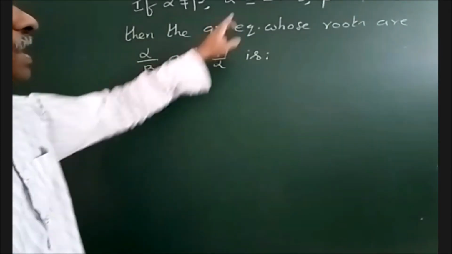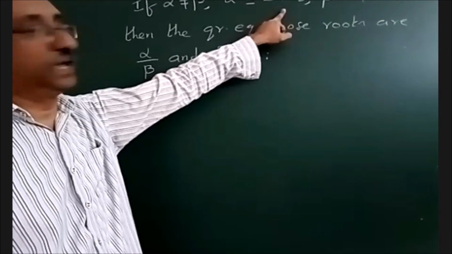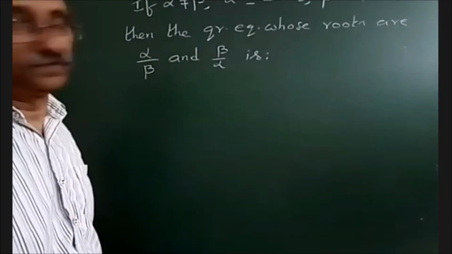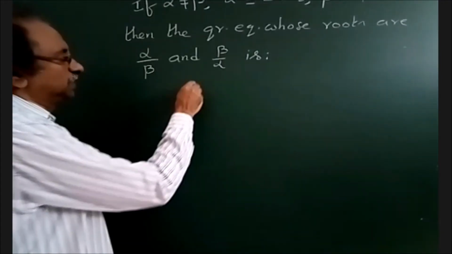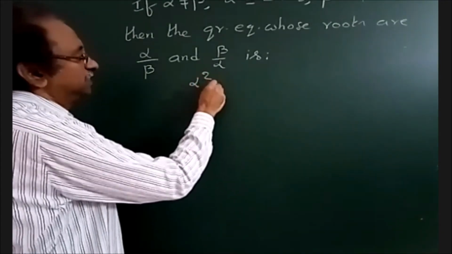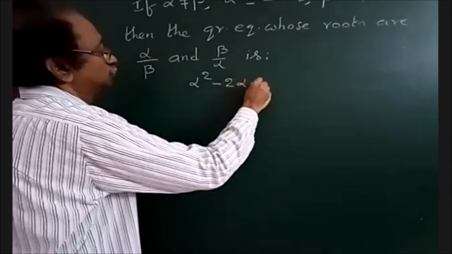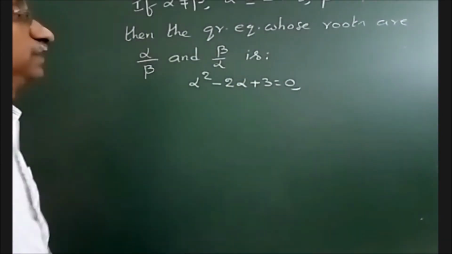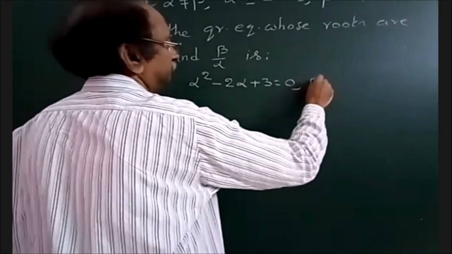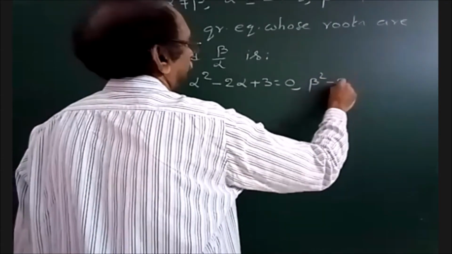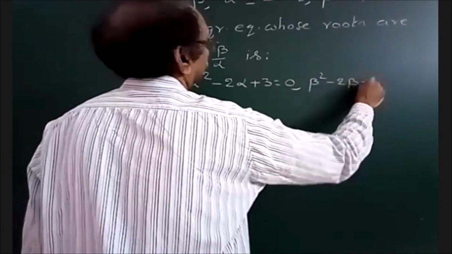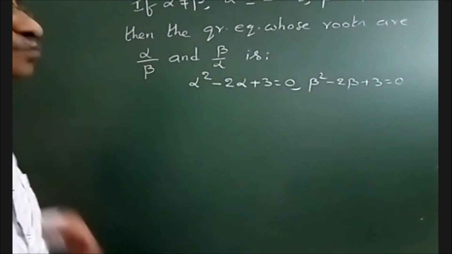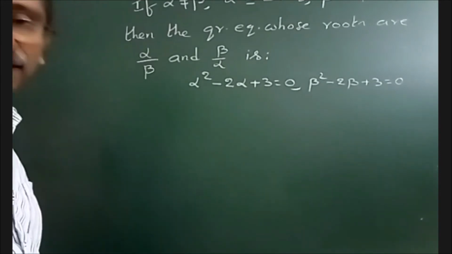First of all, alpha square is equal to 2 alpha minus 3 and beta square is equal to 2 beta minus 3. So that means if you observe, alpha square minus 2 alpha plus 3 is equal to 0 is one equation. Beta square minus 2 beta plus 3 is equal to 0 is another equation.